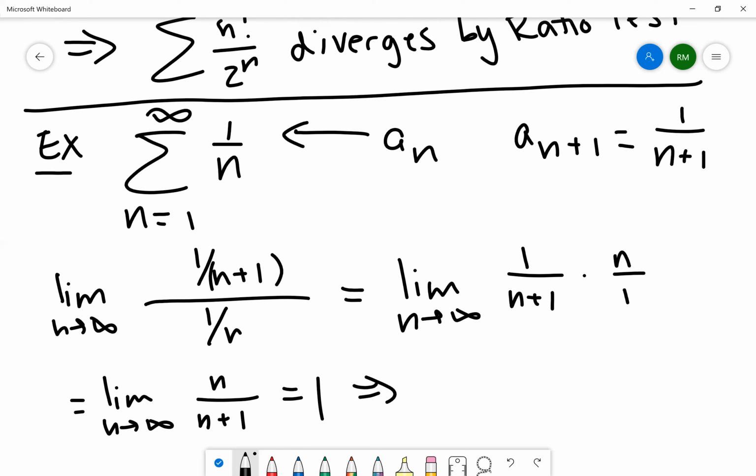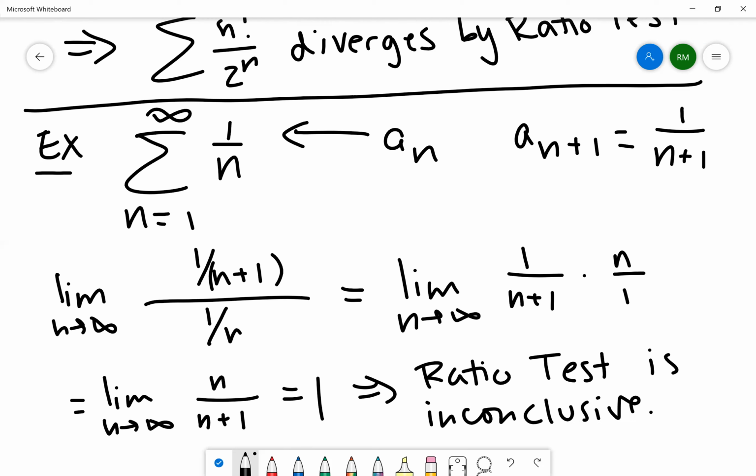And so what this tells us is the ratio test is inconclusive. We actually know this series diverges, but the ratio test could not tell us that.